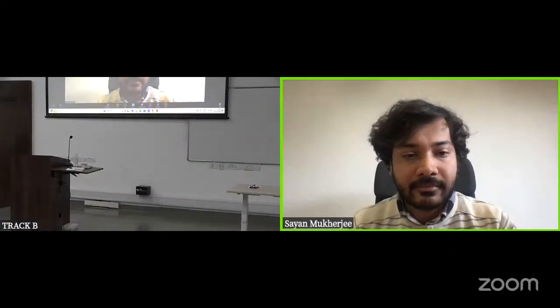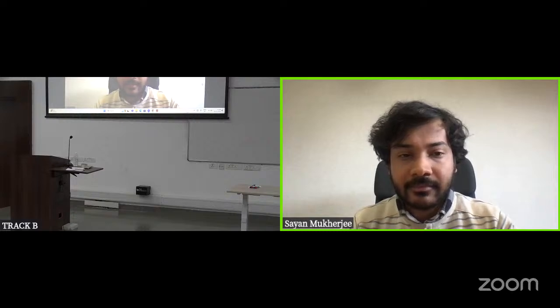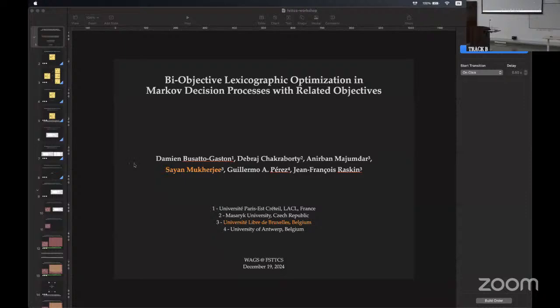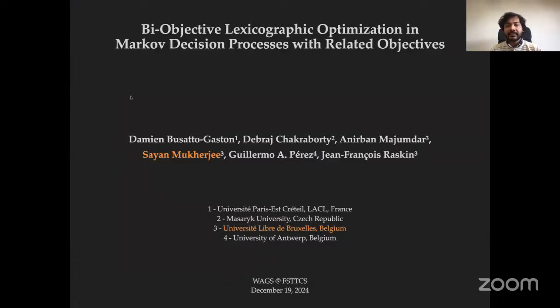Sorry about that. People are suggesting you do a full screen share. So maybe you can see it now. Can you see the full thing, or are there some places that are being blocked? No, okay. You can start.